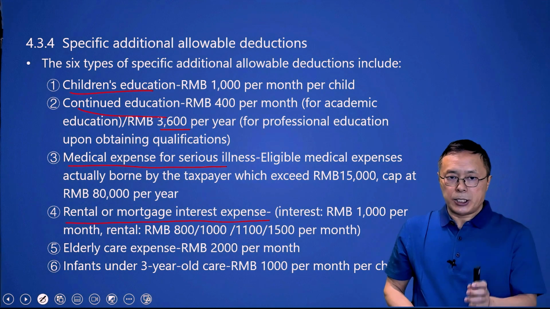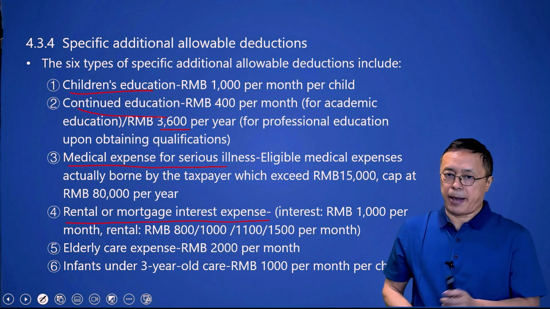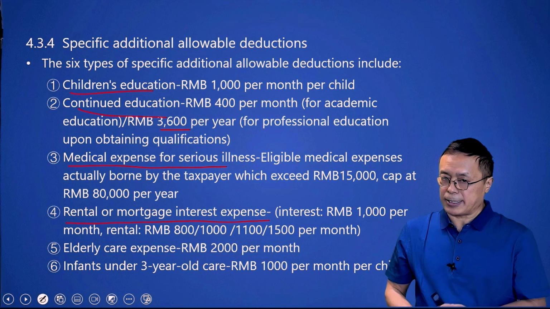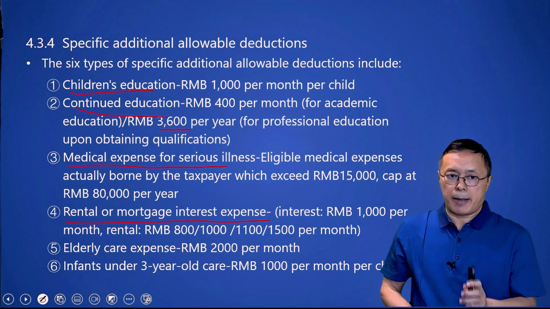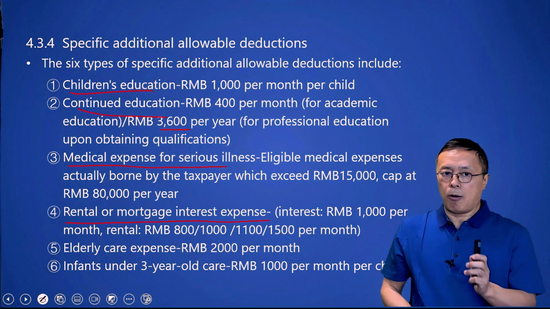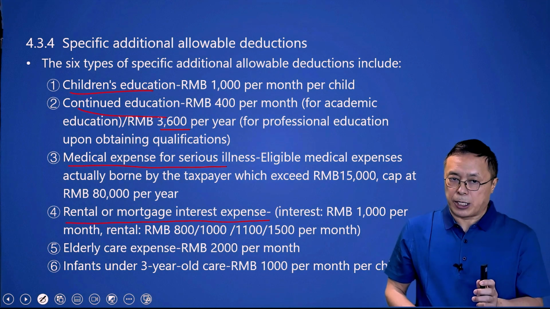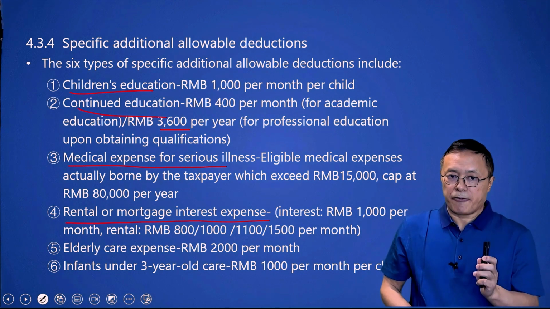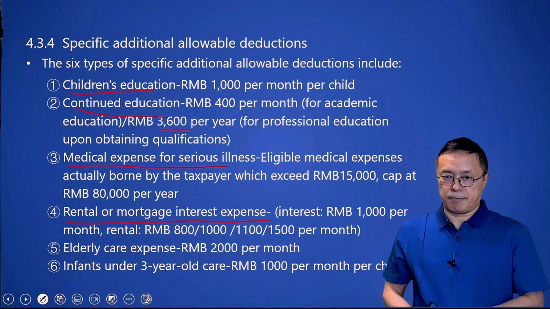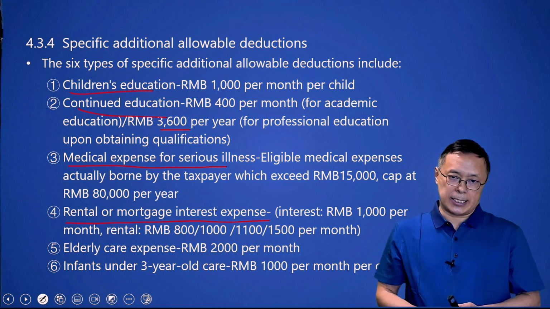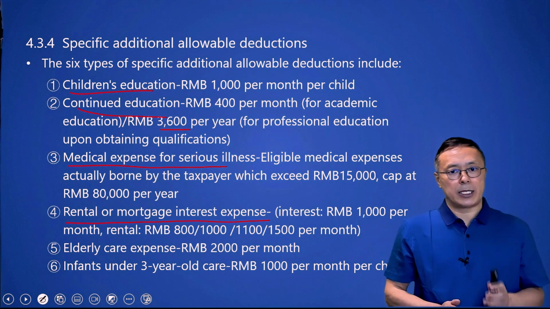Number 4, rental or mortgage interest expense. For interest it is RMB 1,000 per month. For rental it is RMB 800 or 1,000 or 1,100 or 1,500 per month, depending on the city or county of residence.